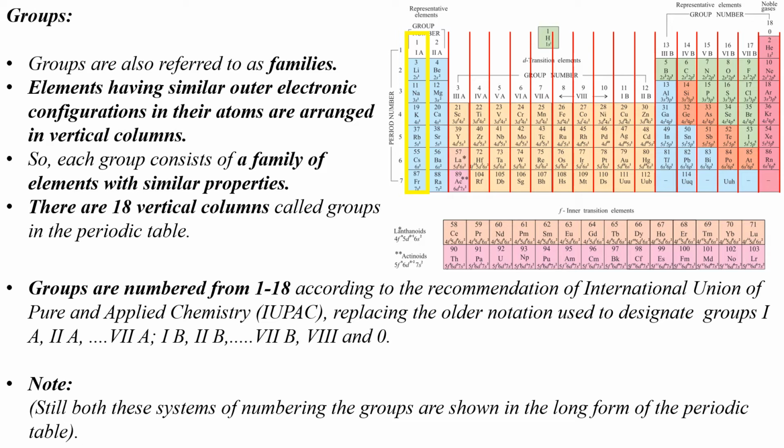However, we can find both systems of numbering of groups in the present form of periodic table. This you can see in the long form of periodic table just below the present designation given to groups. That is, you can see them under the numbers 1 to 18.